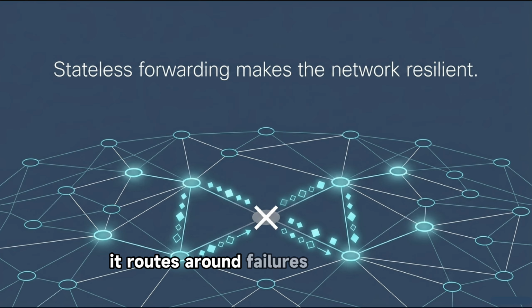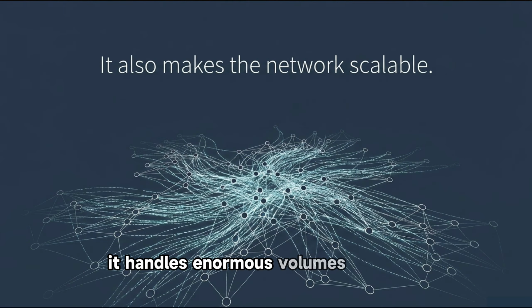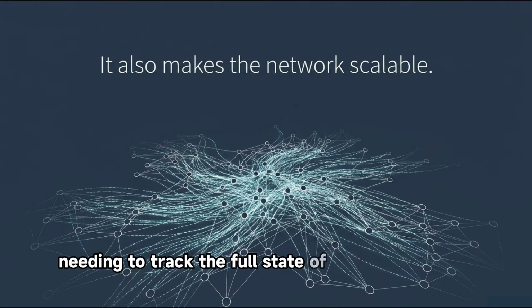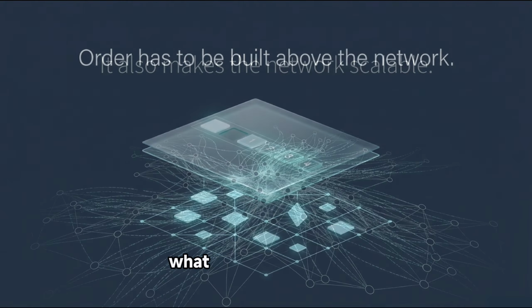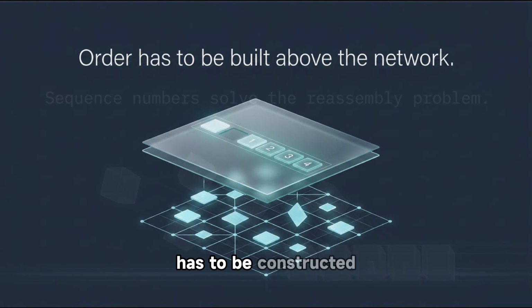It routes around failures automatically. It balances load across available paths. It handles enormous volumes of traffic without any single router needing to track the full state of every connection passing through it. What it doesn't produce, and was never designed to produce, is a guarantee that packets arrive in the order they were sent. That guarantee, when applications need it, has to be constructed.